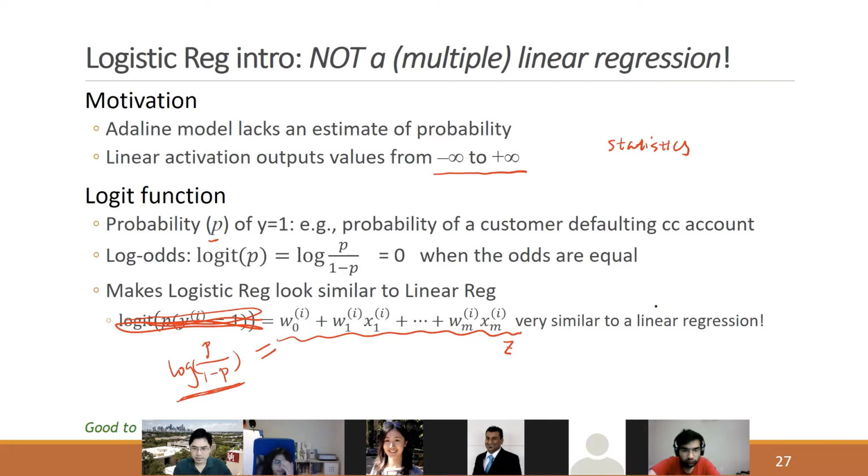To refresh your minds, the log function is like that. This is 1, right? As long as what's inside the parenthesis is larger than 0, the function is valid, and the log function can take the entire real line space.